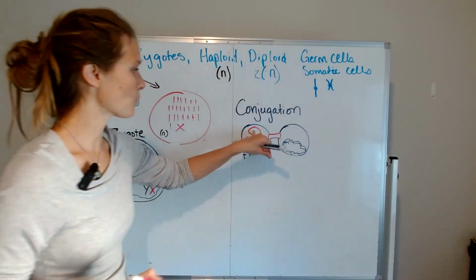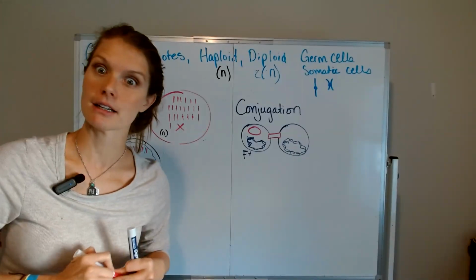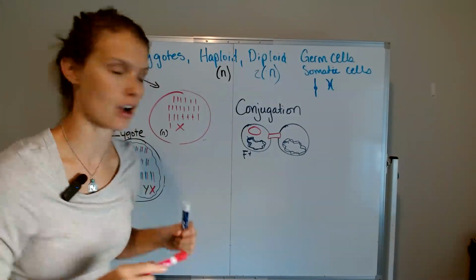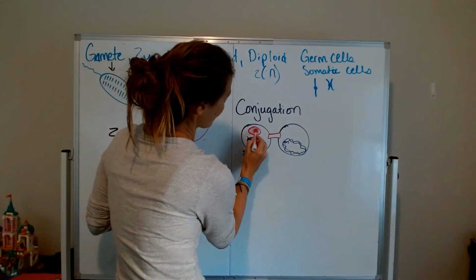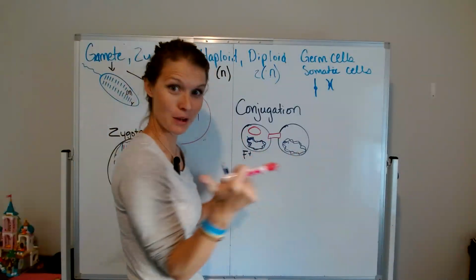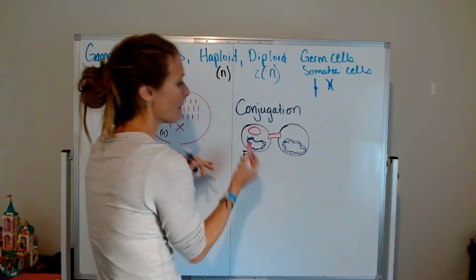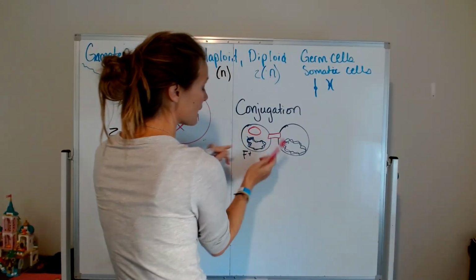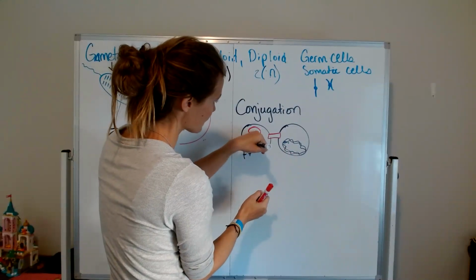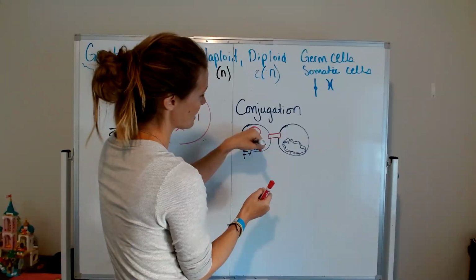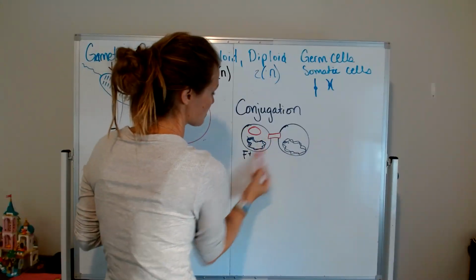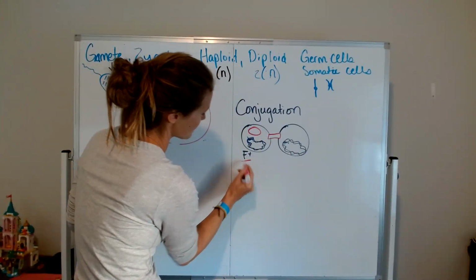But it has this ring of genetic information that my brain is completely forgetting what it's called, but I'll put it in the comments. This little piece of genetic material can create this bridge. That's what this F positive means.